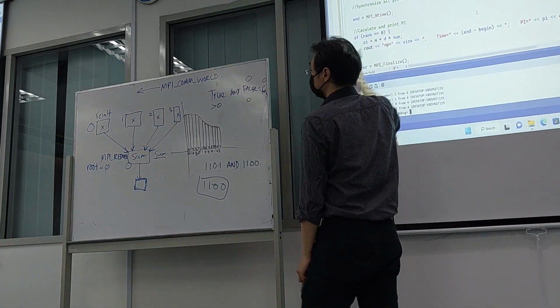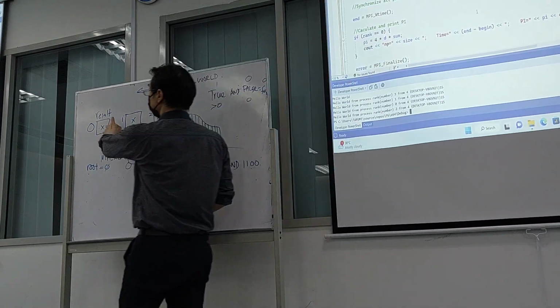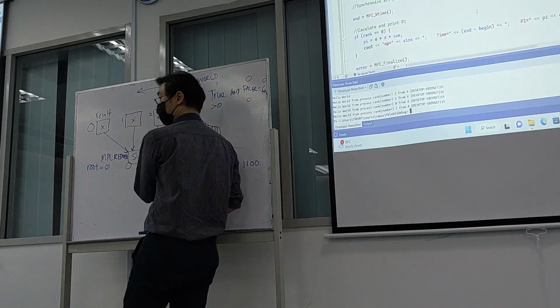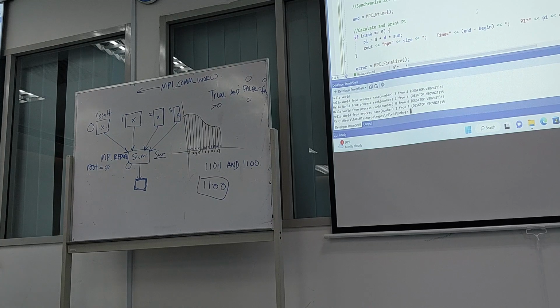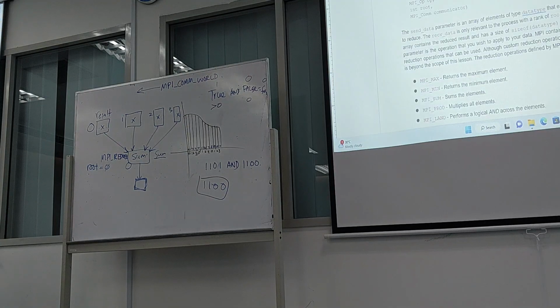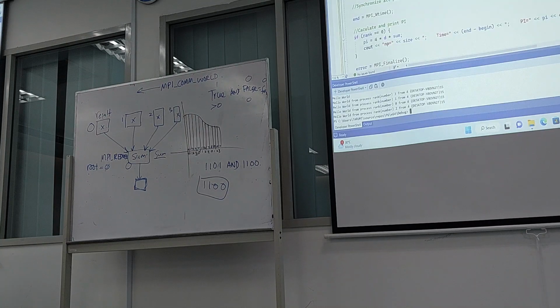But it's going to put it into the sum first. So here is the send, here is the receive. I already showed you all, so you should know what to put inside here, here, here, here, here, here, and here. So you're going to call this MPI reduce. And where do you call it? Call it here.